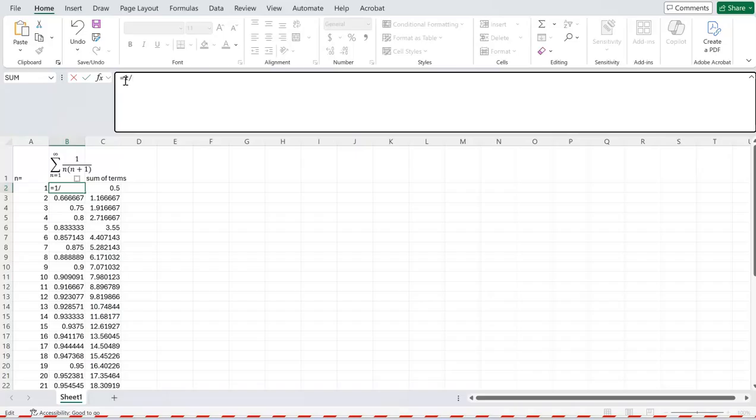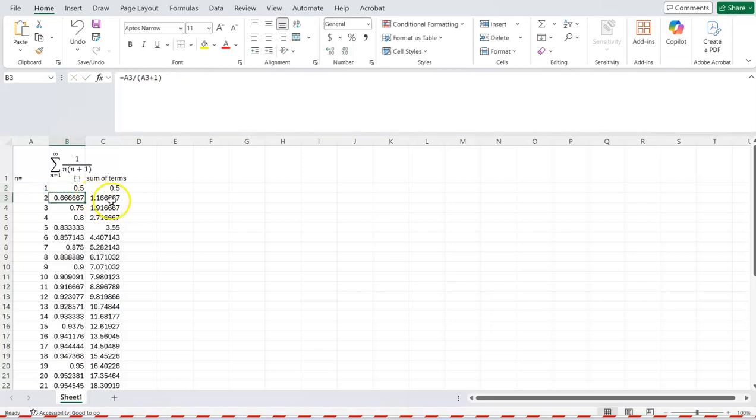This is 1 divided by n times, Excel lets you type in the times, and n plus 1 needs to go in parentheses. Plus 1. So there's that first term.